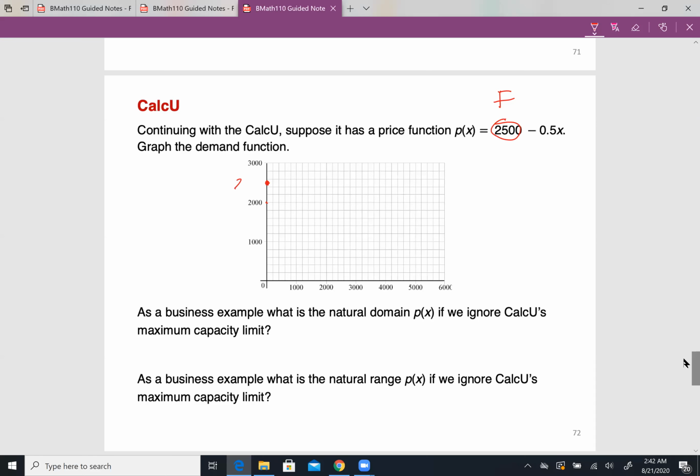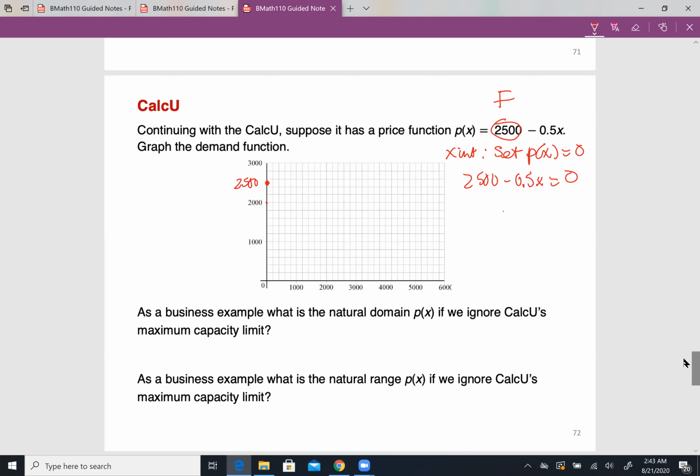So I have 2,500. Now, in order to get the x-intercept, I will set p of x equal to 0. So I have 2,500 minus 0.5x equals 0.